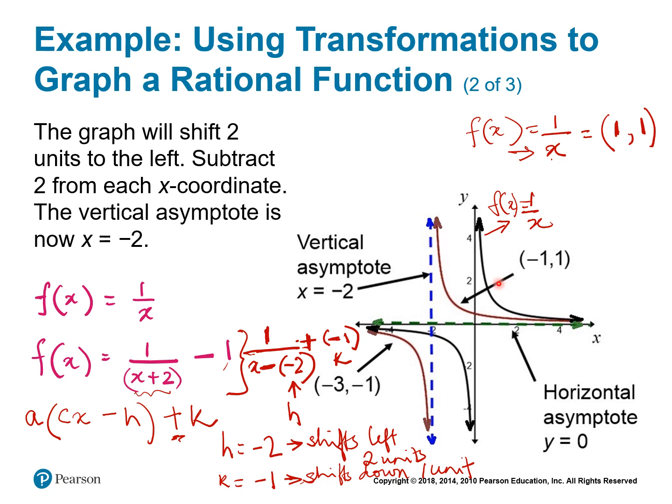If I plug in 1 into x, then y is also going to be 1. 1 divided by 1 is 1, so 1 comma 1. So 1 comma 1 is going to be a point over here, right? Here is 1 comma 1.